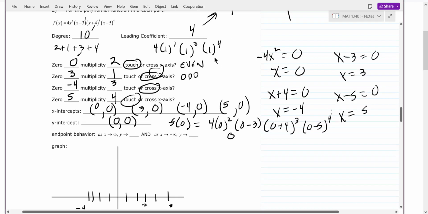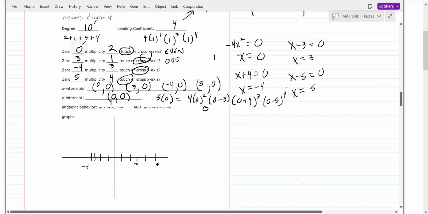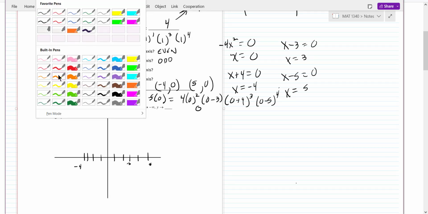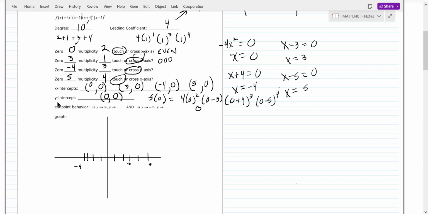Now, here's how you put this together. This is what you're ultimately trying to do. I think you're generally doing a pretty good job on that part of it. When we put this all together, we had a 0 at 0, and we said we touch. So I'm going to put T for touch as a note to myself. I had a 0 at 3. I'm going to put C for cross.